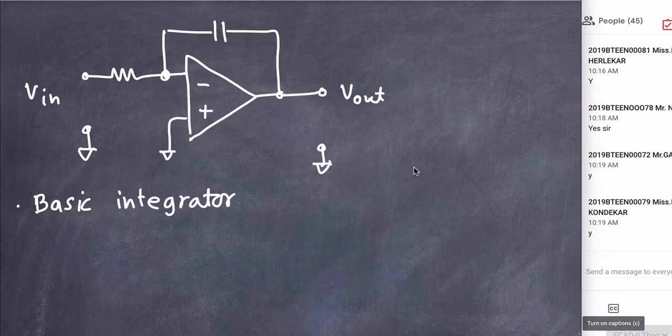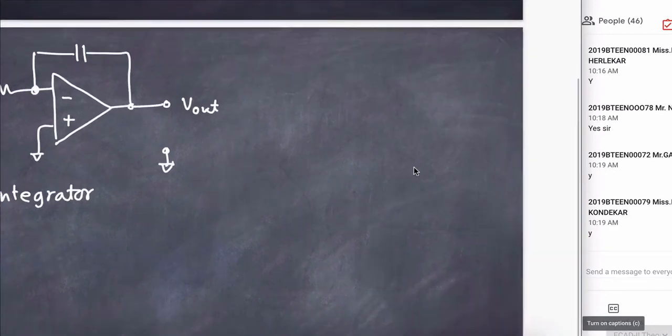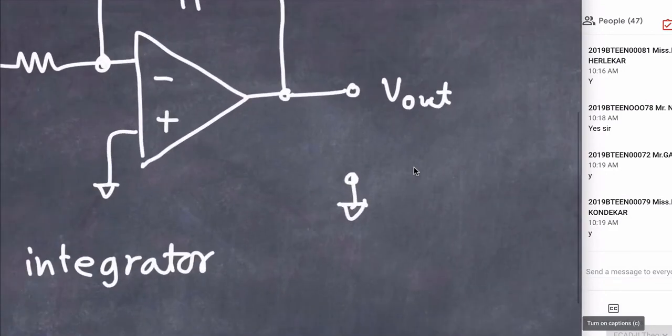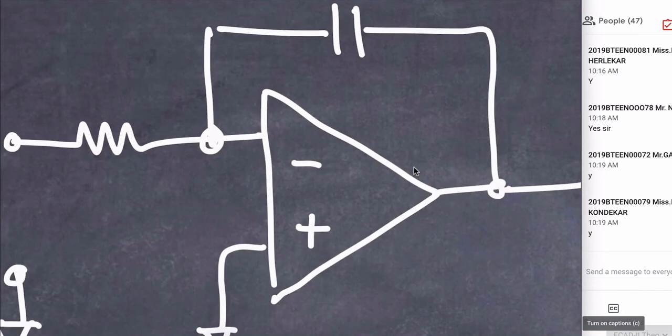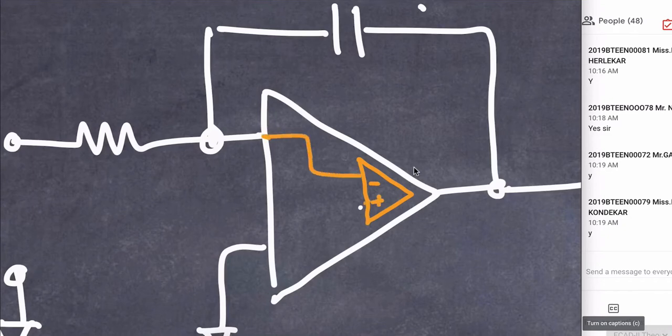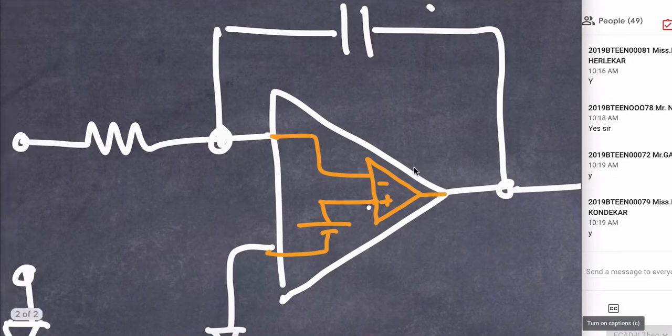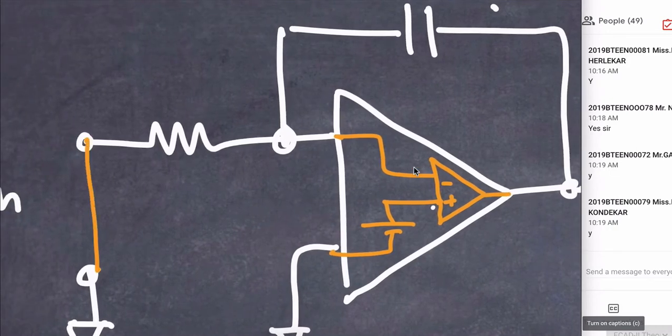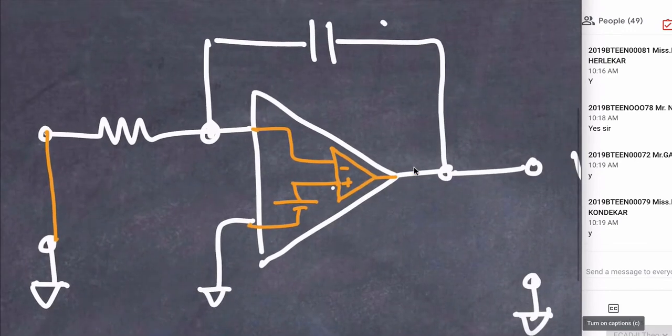Okay, so I think let us modify this itself. If you replace this op amp by a combination of ideal op amp and practical op amp, what happens is that even if there is no input, like V input is grounded, there is a battery here.